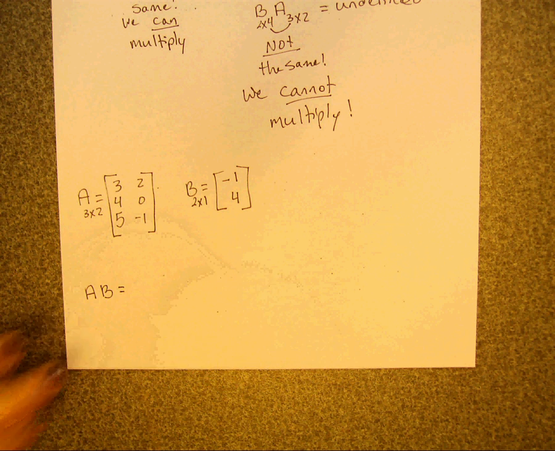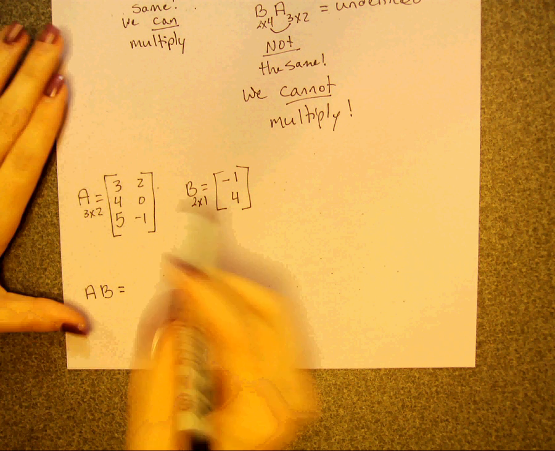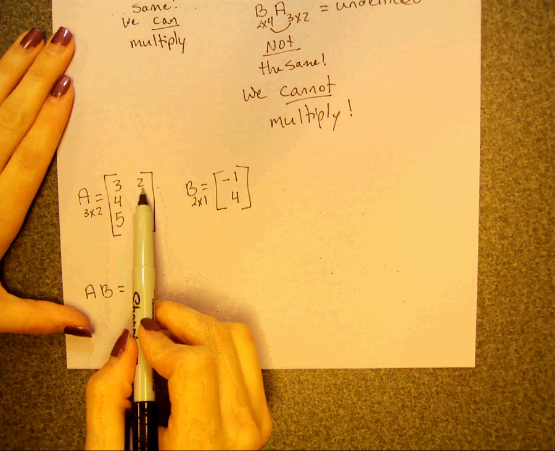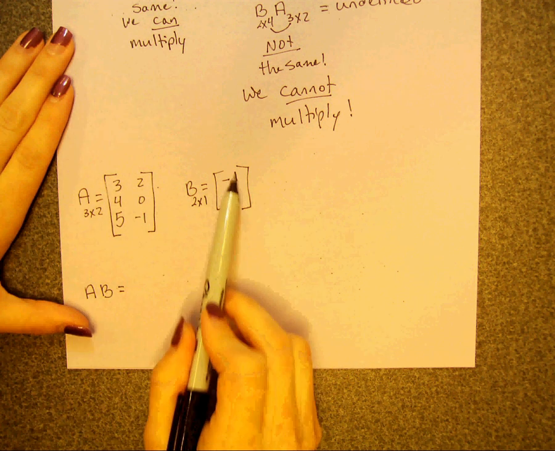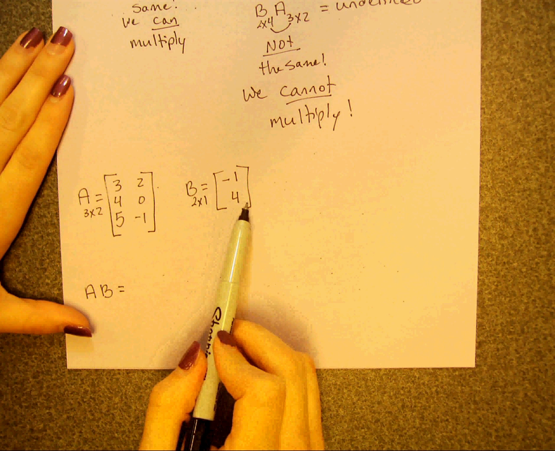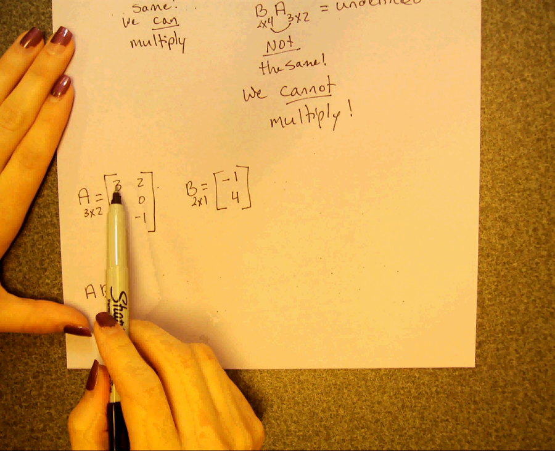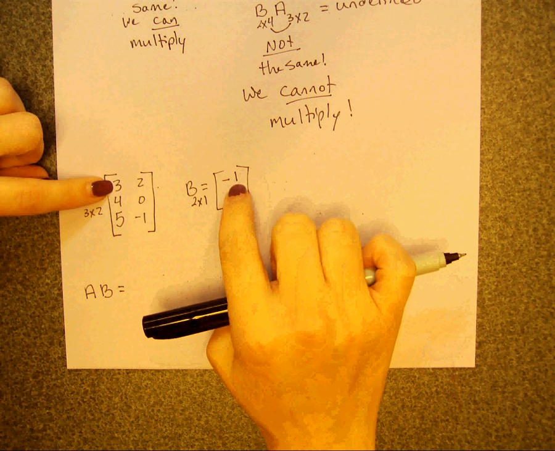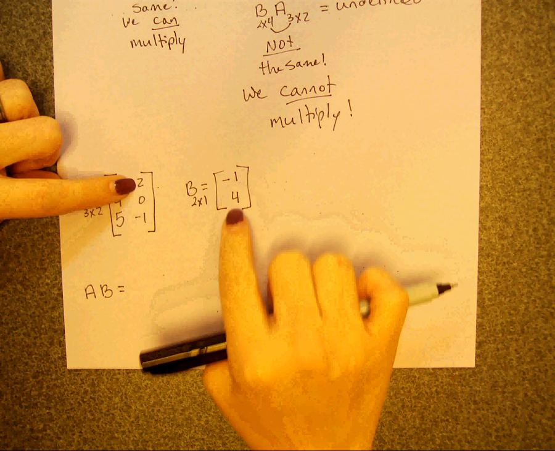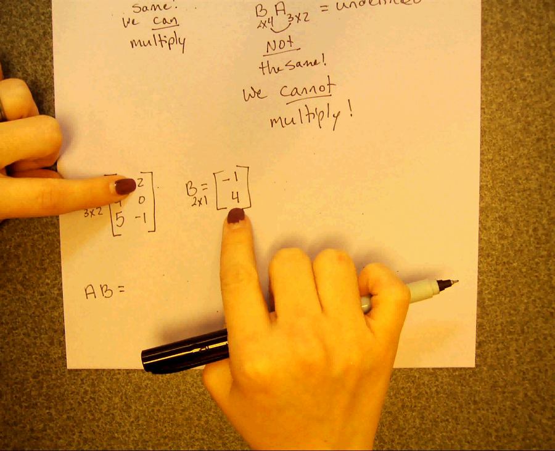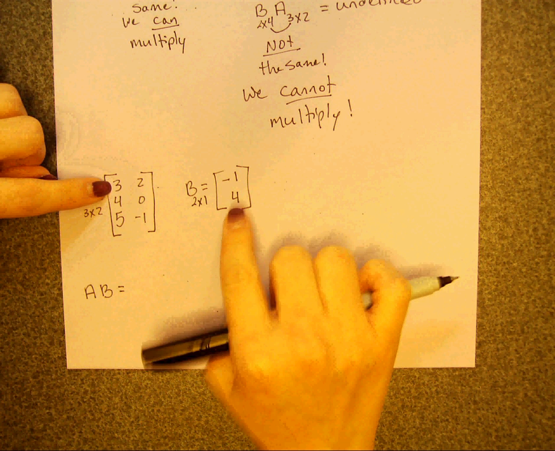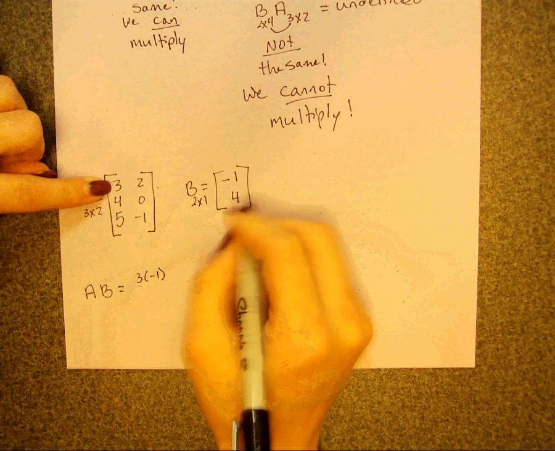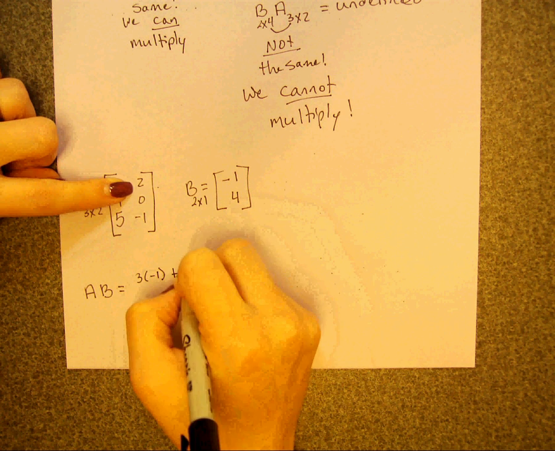So the way we do this, I want to take the very first row and multiply it times the first column of B. In this case, B only has 1 column. And I'm going to multiply the corresponding pieces. The first number times the first number, and then the second number times the second number, and I'm going to add them together. So I'm going to get 3 times negative 1 plus 2 times 4.